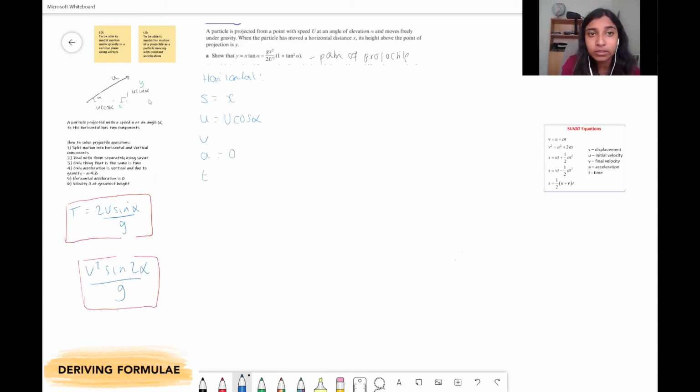And we don't know our t either, so you can just say that's t. And then if we do our vertical components, we know our s is just y, our u is just u sine alpha. We don't know our velocity for vertical. We know our acceleration is just minus g, and we don't know our time t.